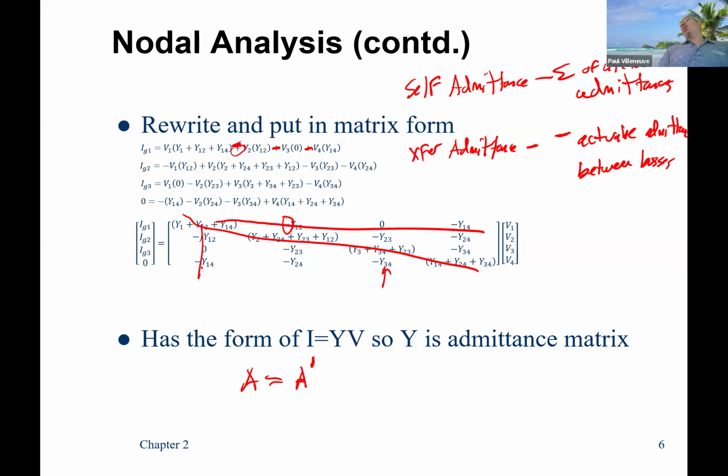So rows become columns is essentially what that means. So if you know the upper part of your matrix you don't have to do any more work because you know that you have symmetry about there. So you just take the transpose of the matrix and you've got that built.